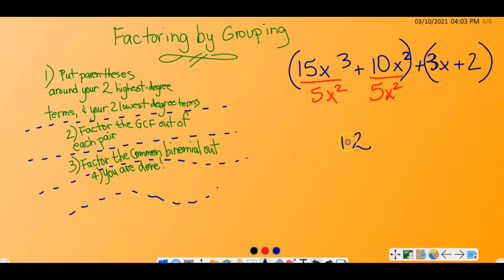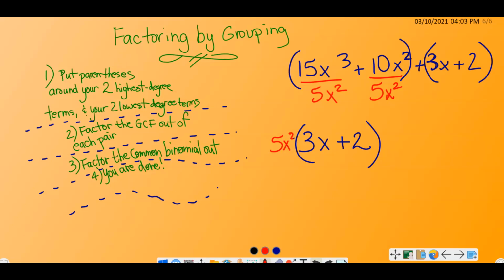All right. So what do I end up with here? Well, 15 divided by 5 is 3. And x cubed divided by x squared is just going to give me an x left. All right, so that's this binomial. And let me make sure that I write my factor out to the side, okay?